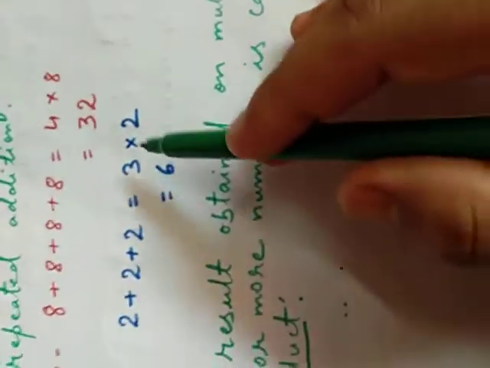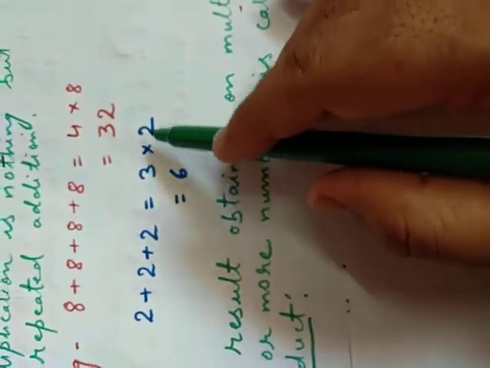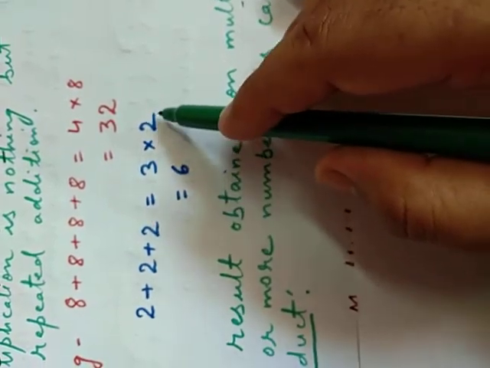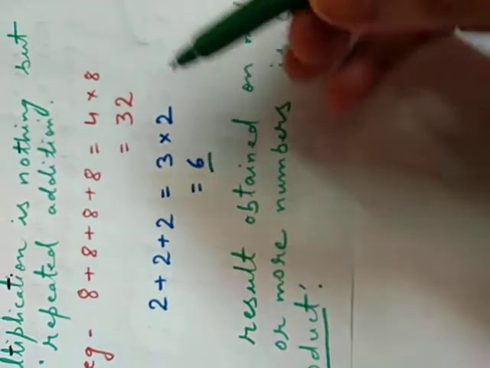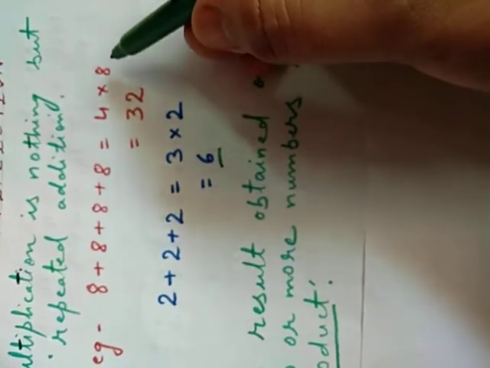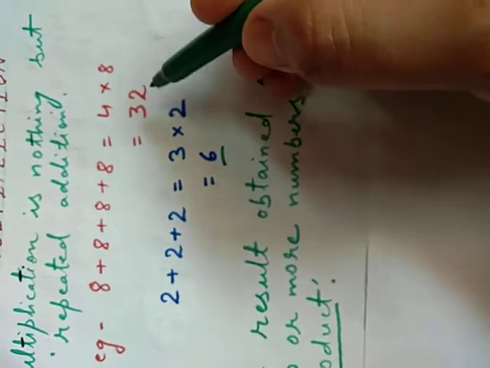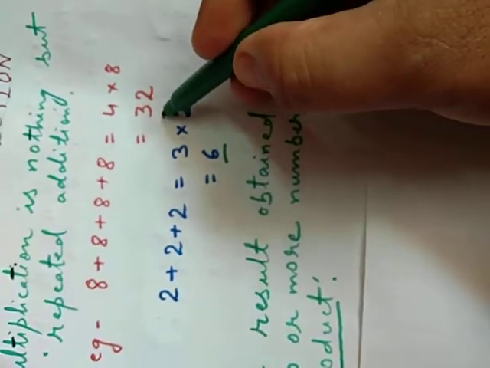So in this question, 3 times 2, that means 3 multiplied by 2 is 6. So this 6 is the product. Here 4 multiplied by 8, that means 4 times 8, is 32. So 32 is the product.